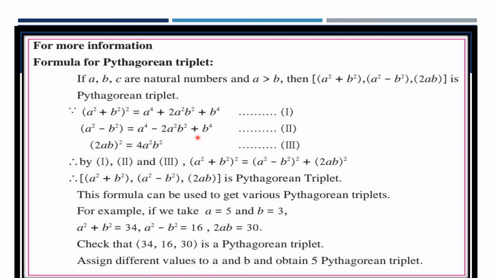Now from 1, 2 and 3, (a square plus b square) bracket square is equal to (a square minus b square) bracket square plus (2ab) bracket square. You can check this by putting their values in this sentence. And therefore a square plus b square, a square minus b square and 2ab is the Pythagorean triplet.